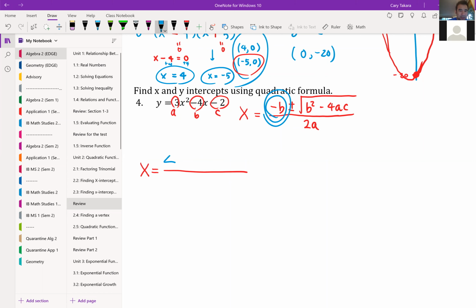So it will be positive 4 plus minus negative 4 squared. You see, I put that in parentheses, minus 4ac over 2 times 3.